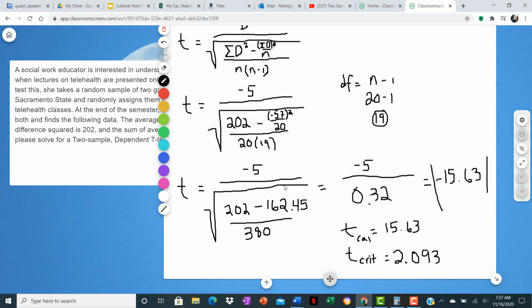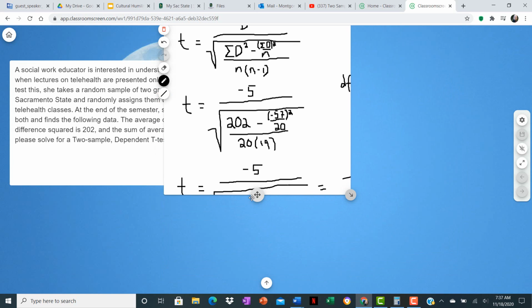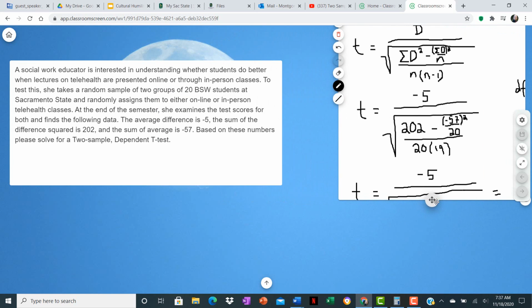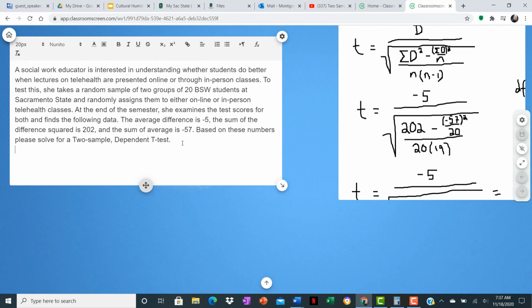So now what we can do is move this over a little bit, and come back here. Null hypothesis. You already know what a null hypothesis sounds like.